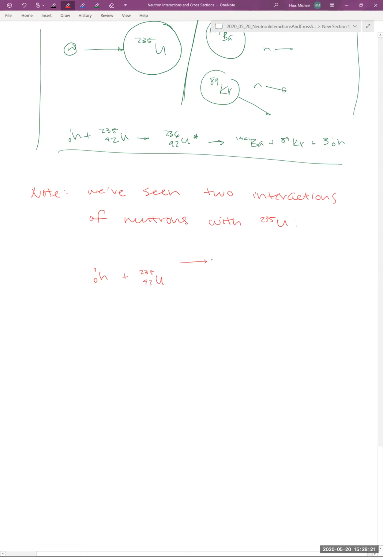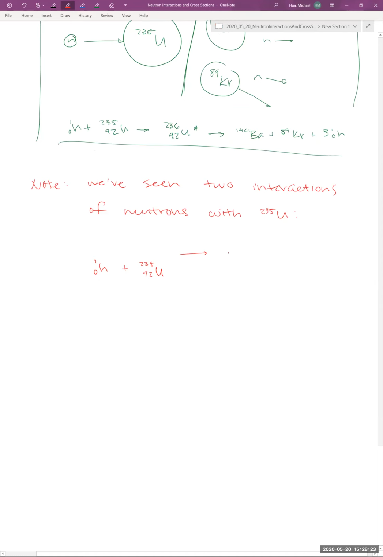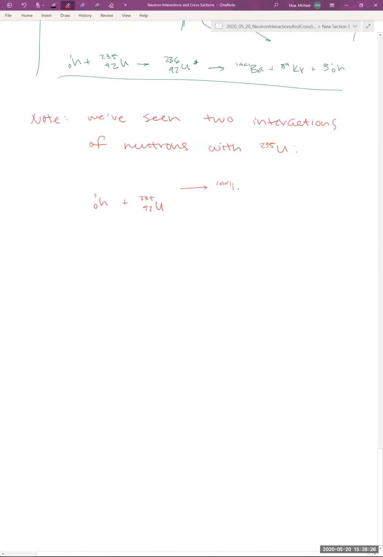But then in one case, we got fission, the case right above. And in the other case, we got a uranium-236 plus a gamma ray. And these are pretty different interactions. So we had radiative capture and fission. And it's entirely possible that the neutron could have scattered as well.